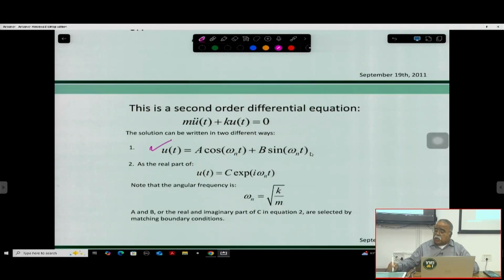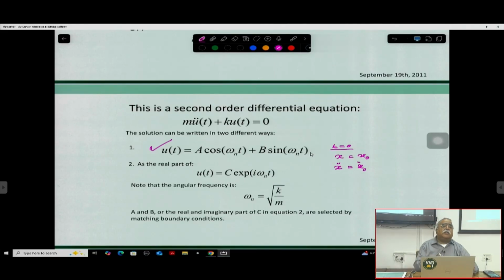And we know the solution of this equation, which is basically the displacement: A cosine omega n t plus B sine omega n t, where A and B are determined by the initial conditions. The initial condition is always that at time t equals 0, x equals x0, and also the velocity x dot equals x0 dot, right?